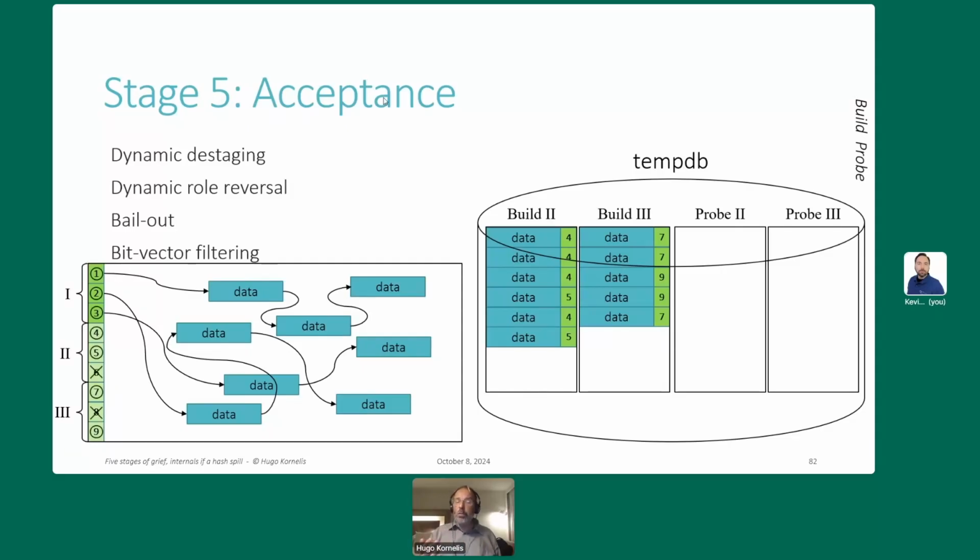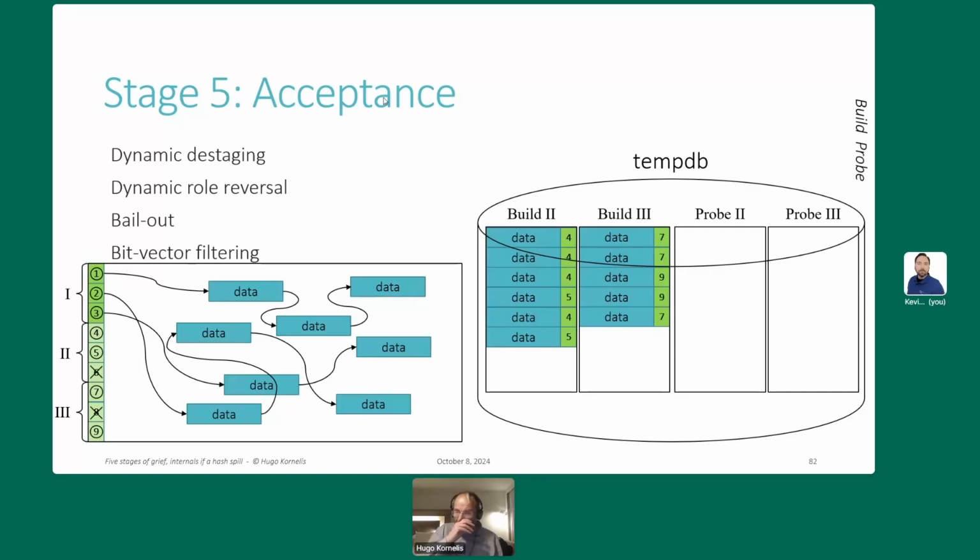Now, for the first two buckets for partition 1, that is quite redundant because you can just see that there is a pointer. But during the writing of build file 2 and build file 3, SQL Server saw at least one row for bucket 4, bucket 5, bucket 7, and bucket 9. It never saw a row for bucket 6 and bucket 8. So in the form of a bitmap, this data is available to SQL Server.